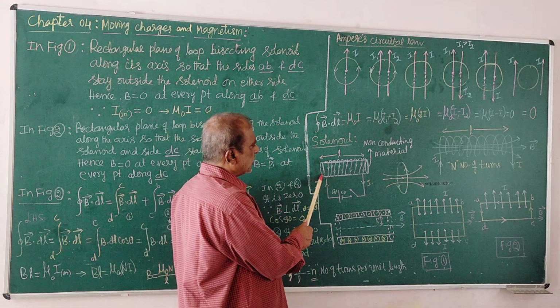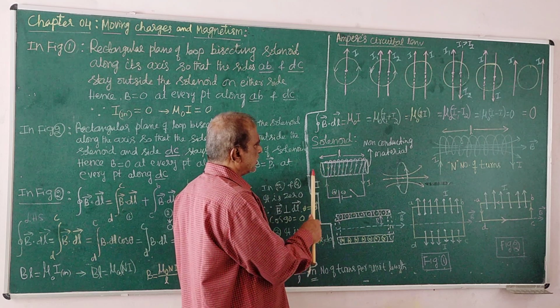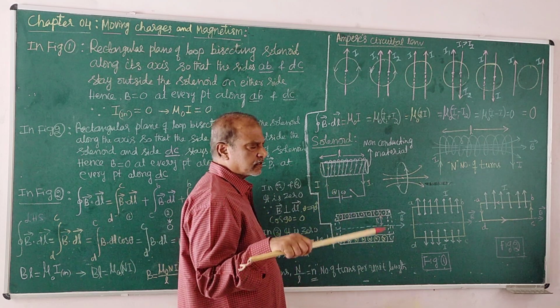What happens when the current is passing through the wire? The wire is in the spiral direction like this.